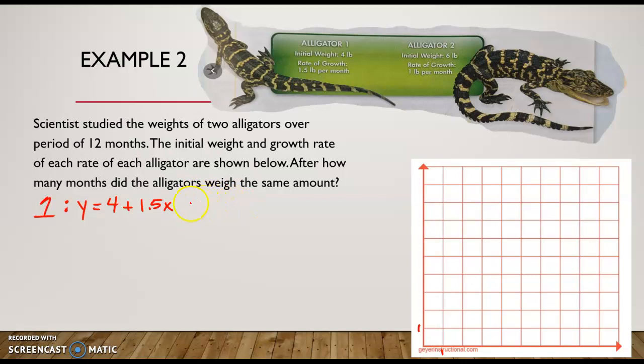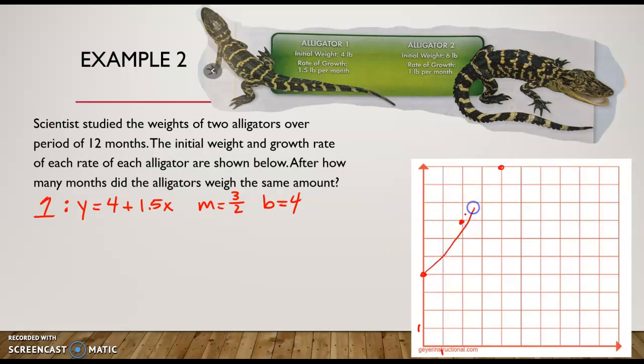Now, I know that my slope 1.5 is the same as 3 halves. So I'm going to change it to 3 halves so I can count the slope, and b is 4. So for my first alligator, I'm going to start at 1, 2, 3, 4, and I'm going to go up 3, 1, 2, 3 over 2, and up 3 over 2, and there's my first line.